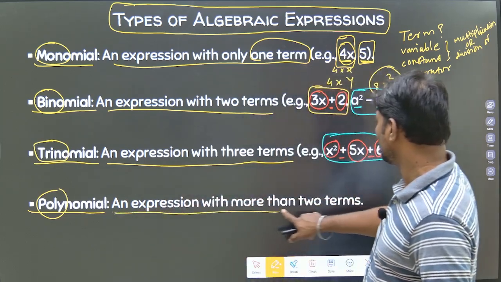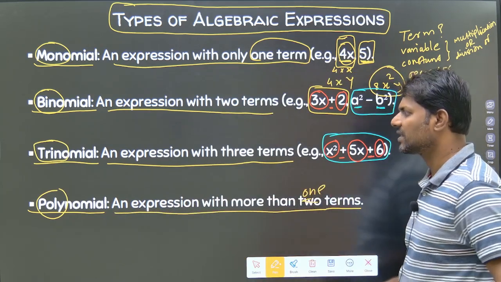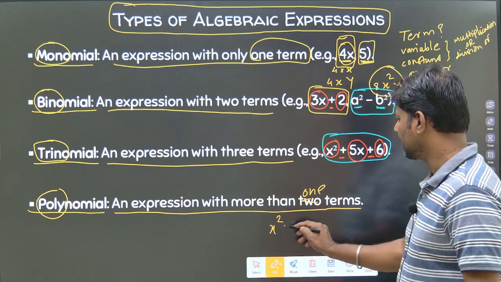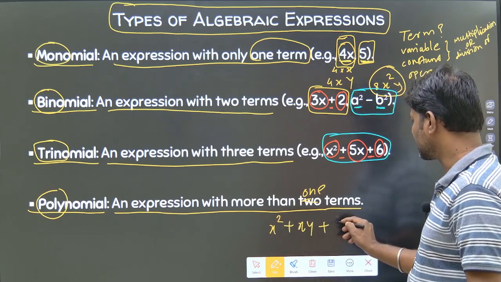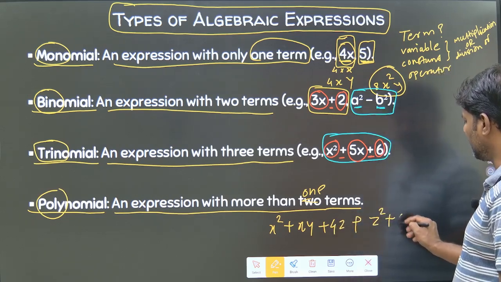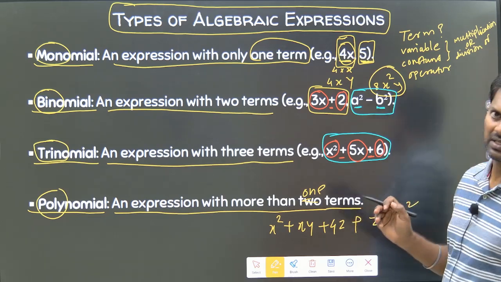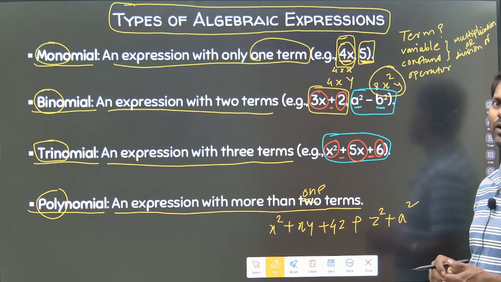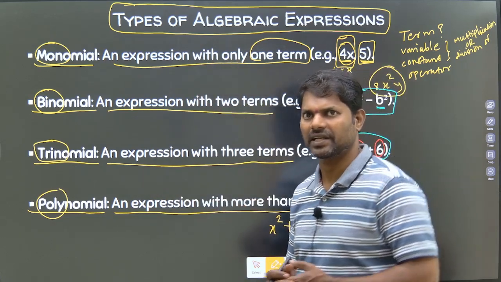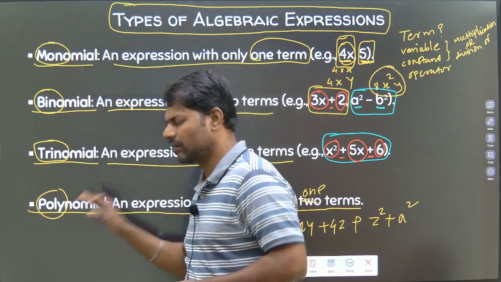An expression with more than one term is called a polynomial. Examples you can write: x square plus xy plus 4z plus z square plus a square, something like this. Such expressions are called polynomial expressions. I hope the types of expressions are clear: monomial, binomial, trinomial and polynomial.